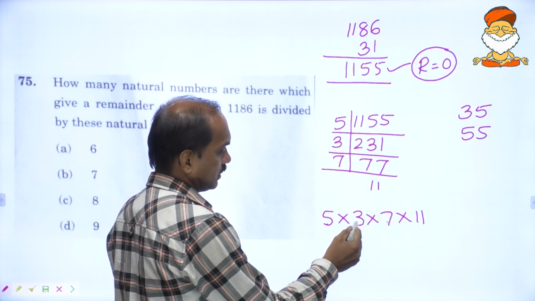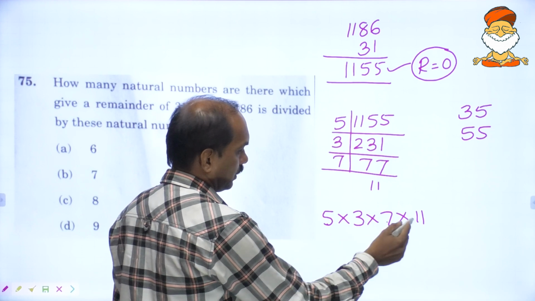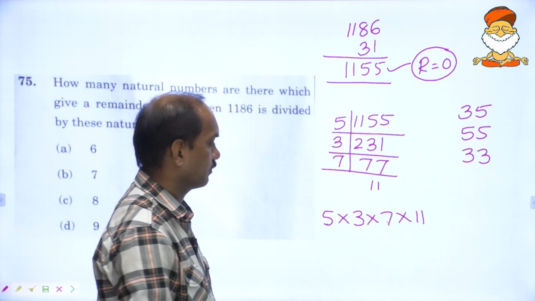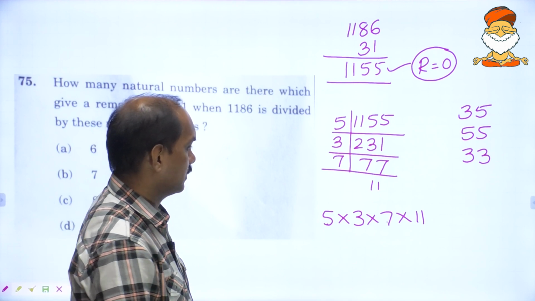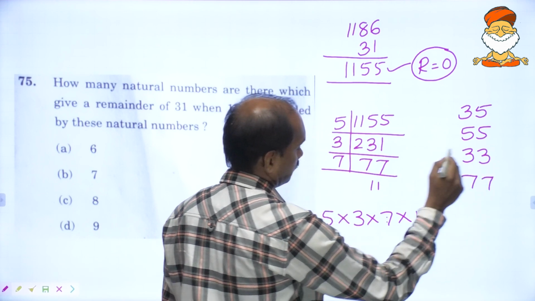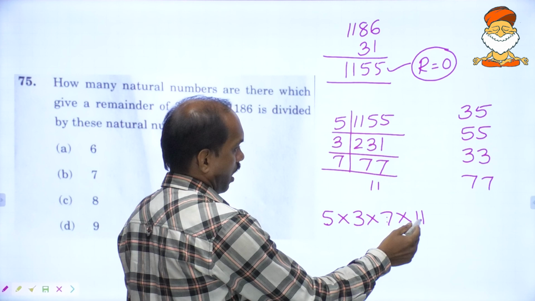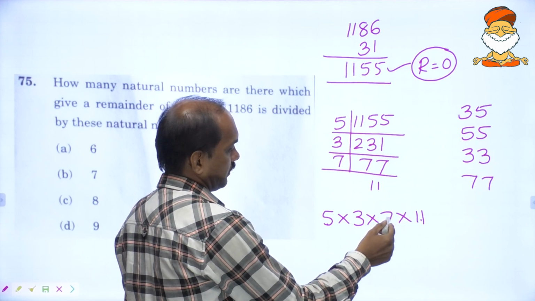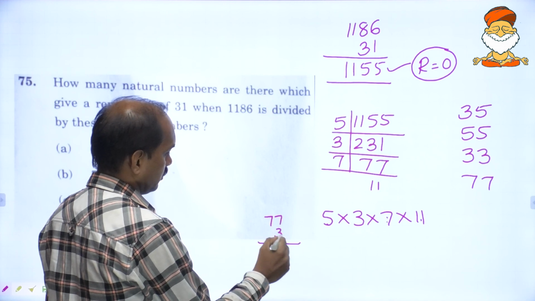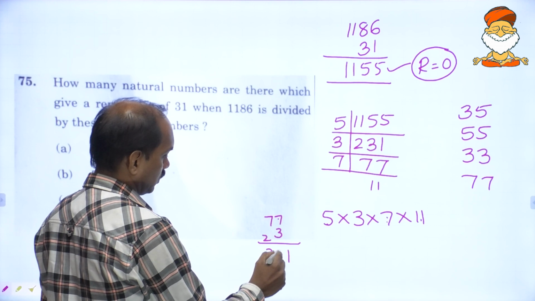Now let's concentrate on 3. 3 into 7 is 21, no. 3 into 11 is 33, yes. Next, 11 into 7 is 77, no problem. 77 3s are how much? 3 7s are 21, plus 2 is 231.